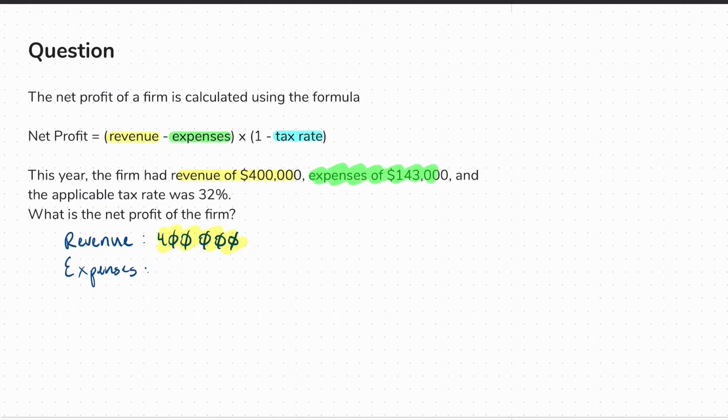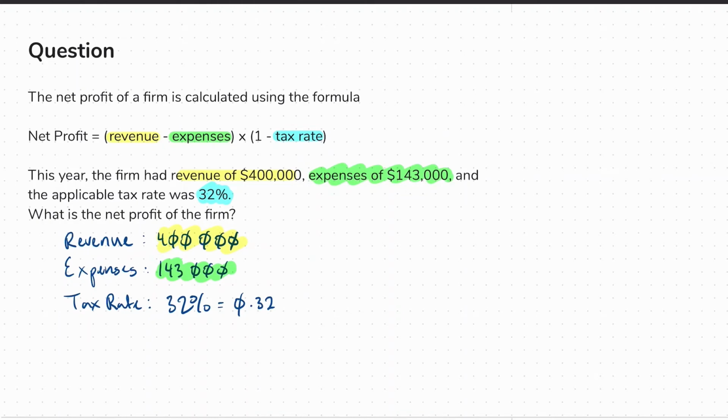So expenses, 143,000. And last but not least, the tax rate, right, which is a percentage, is going to be 32%. And we're going to write 32% as a decimal. Right, so writing it as a decimal, 0.32, will allow us to use it in this context.